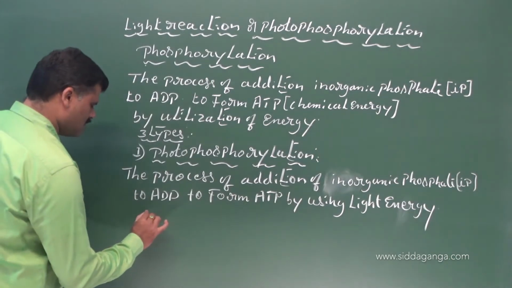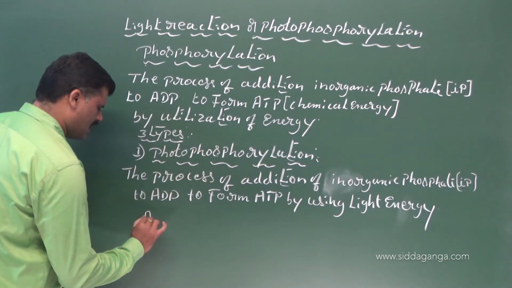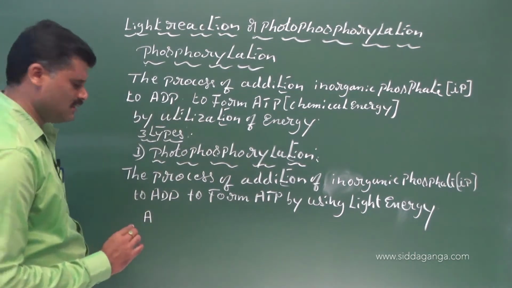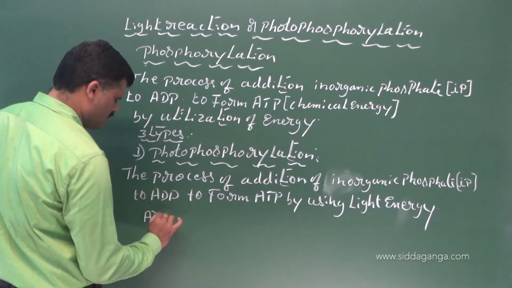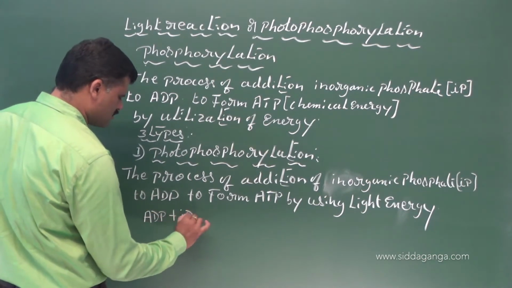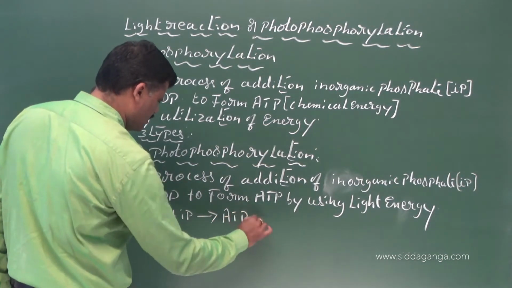See here, ADP means adenosine diphosphate, plus inorganic phosphate to form ATP.